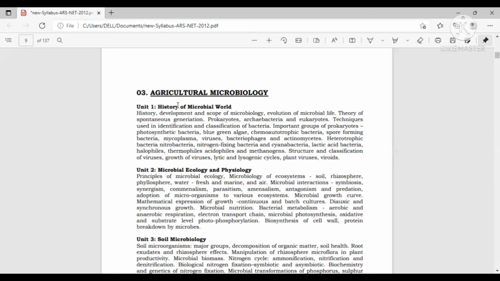Don't forget the years. Every year you should mark or highlight, because almost all the questions in the ICAR NET exam are one-word questions and multiple choice type. They may ask for some term, some scientist name, some year, some microorganism name, like that.